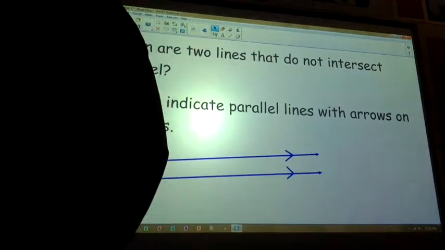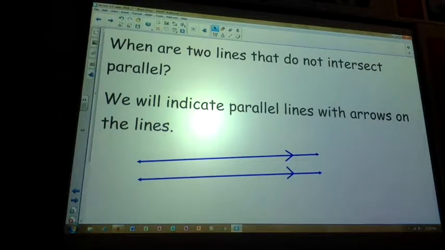What does it say? When they are in the same plane. Okay? So if you have two lines on the floor, that's the same plane as itself. Two lines that don't intersect that are on the floor, they're parallel. Two lines on the ceiling that do not intersect, they're parallel. Two lines on this wall that don't intersect, they're parallel. So they have to be on the same plane. Okay?